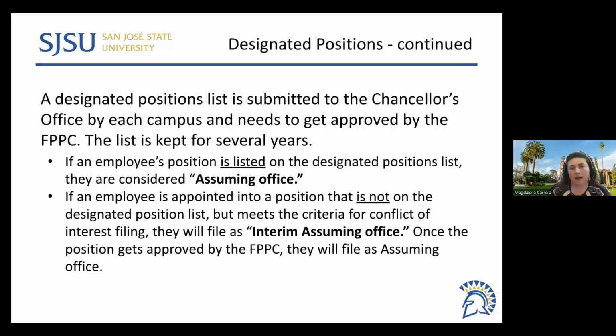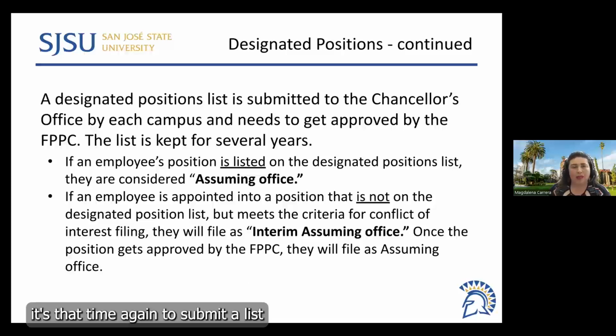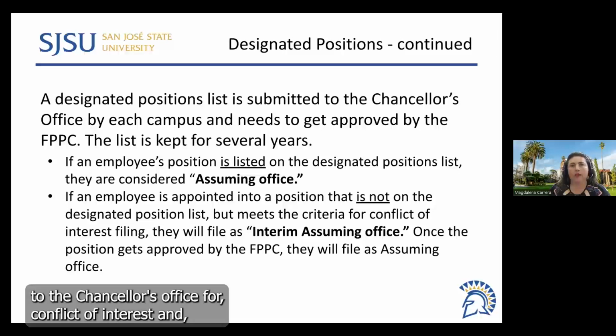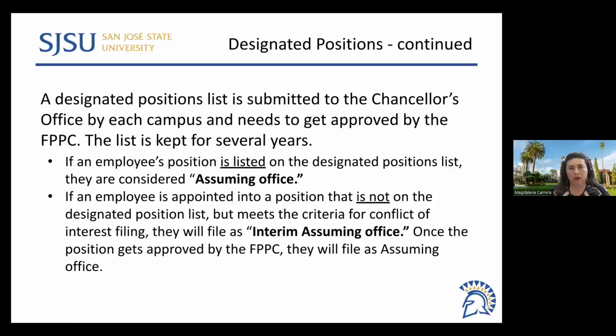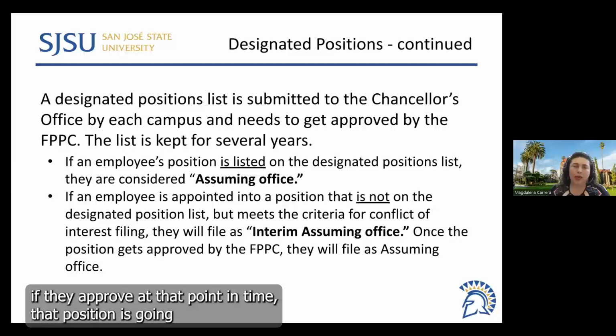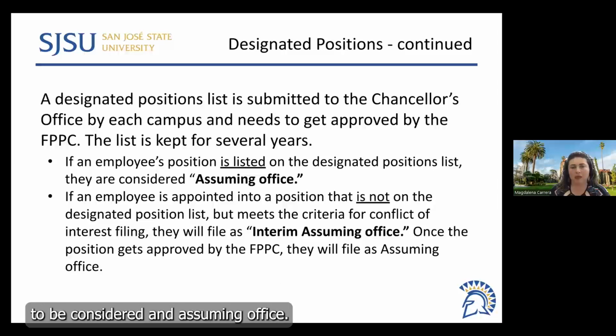Once it's time again to submit a list to the chancellor's office for conflict of interest and getting those new titles approved, they get submitted to the FPPC. If they approve, at that point that position is going to be considered an assuming office. So I hope that's clear. And let's move forward.